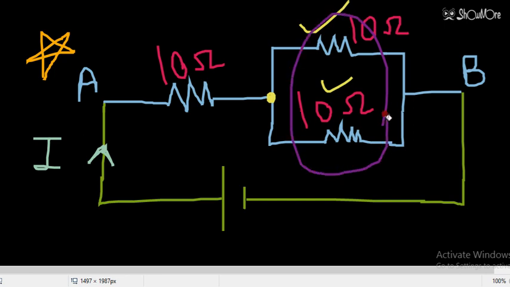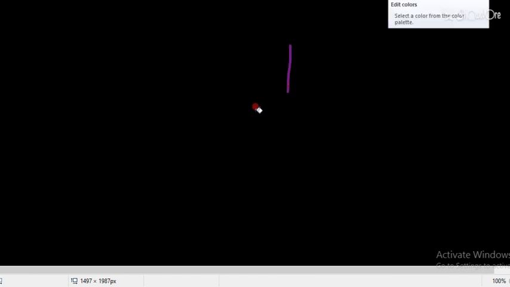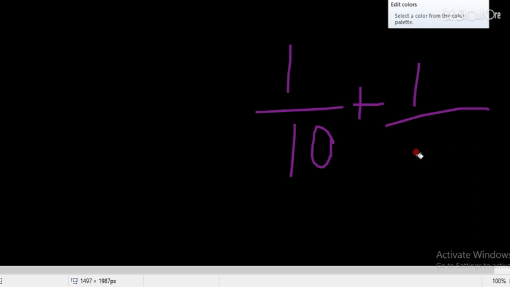Their equivalent, since they are in parallel combination, we get 1 by 10 plus 1 by 10 equal to 1 by Rp, which is the parallel combination of resistance.